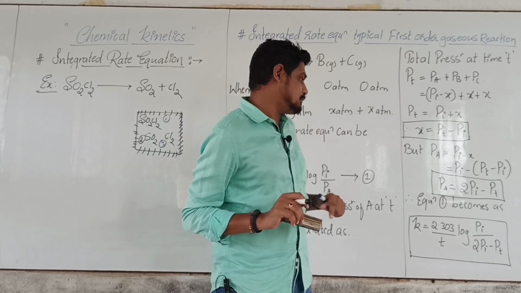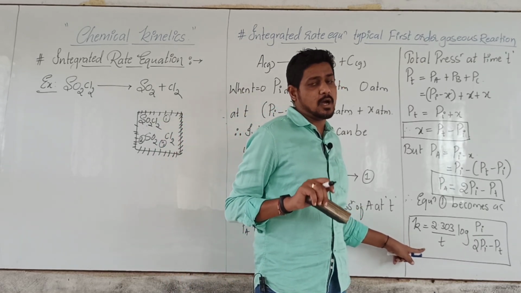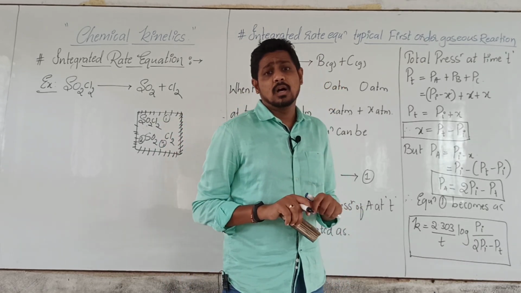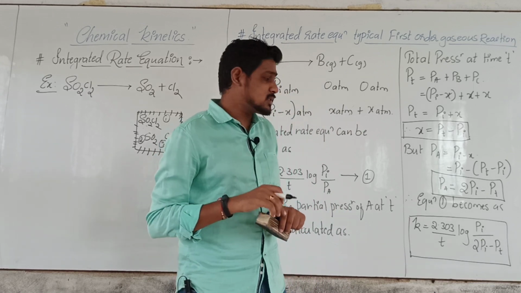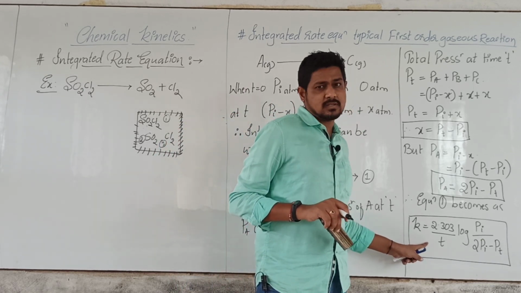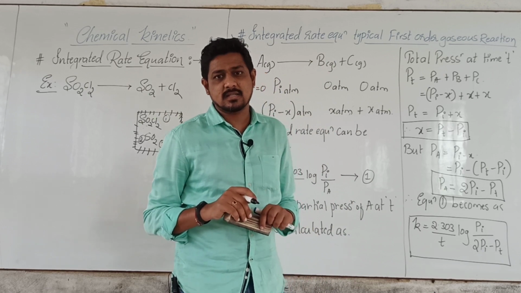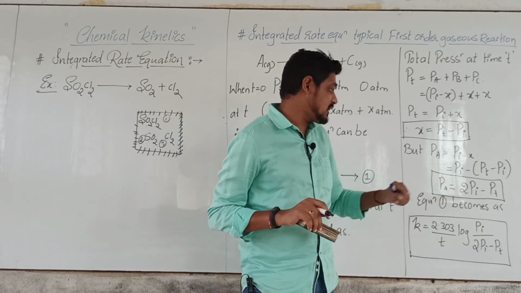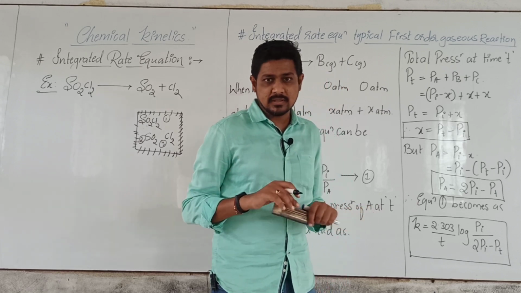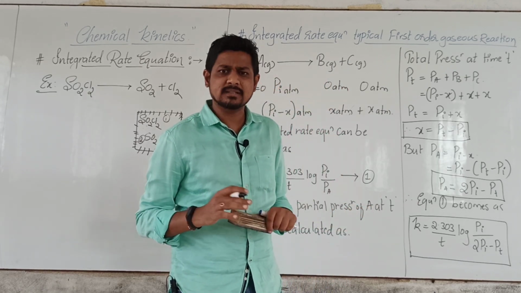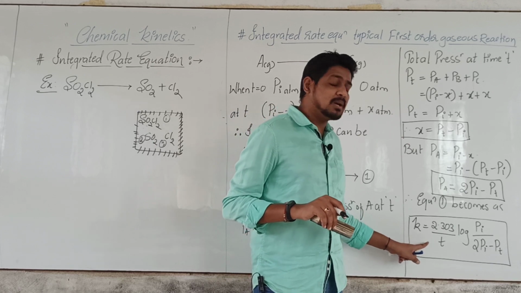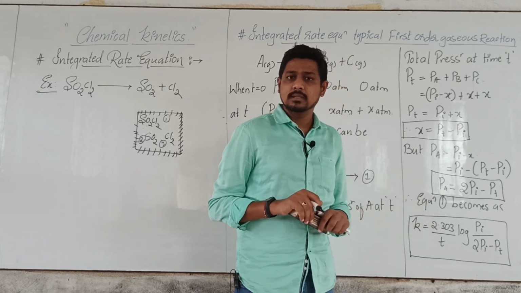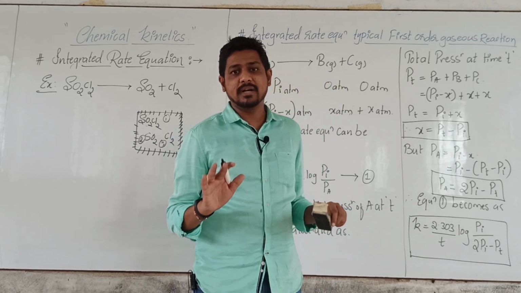Many times in competitive examinations, or in board examinations, numericals are asked on this equation. They will give you a gaseous reaction and the pressures, like the initial pressure and the total pressure, or you have to calculate like this. They may ask numericals based on this. I hope it is clear.